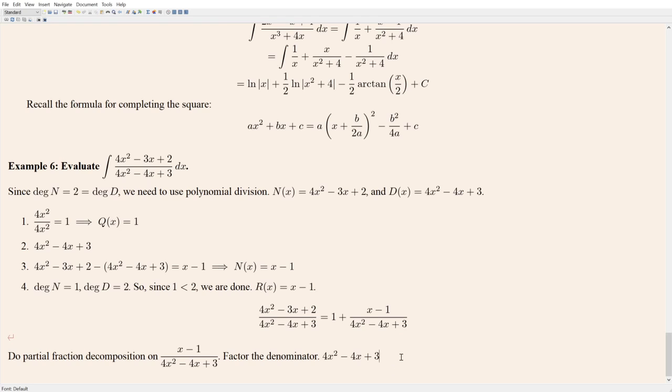So circumstantial evidence would indicate that this is irreducible, and indeed we can prove this by showing that the discriminant is negative. So I should say factor the denominator, if possible, but this one is irreducible.